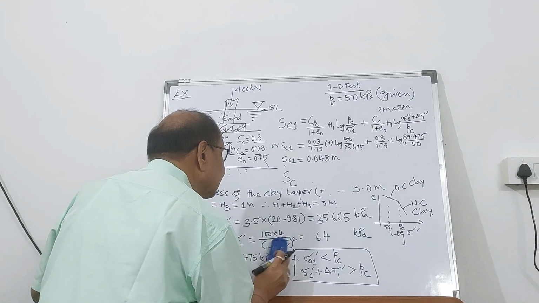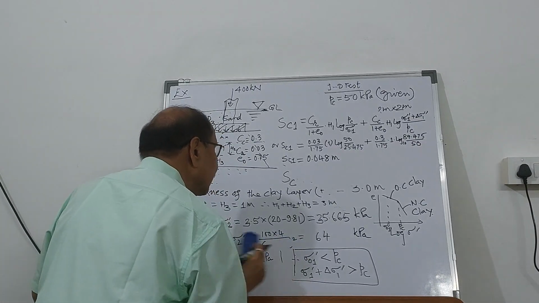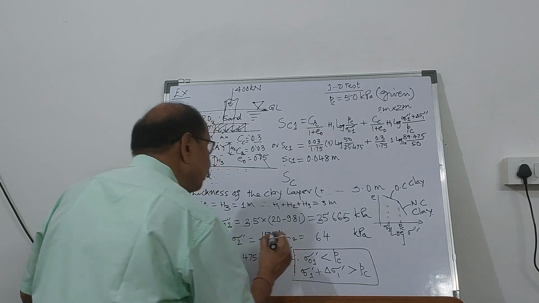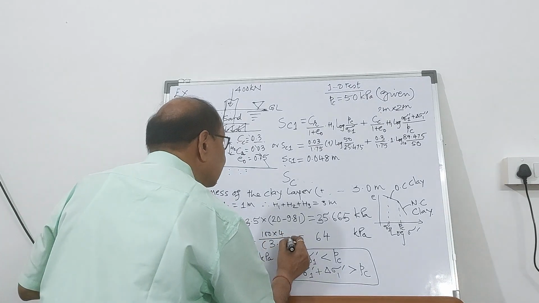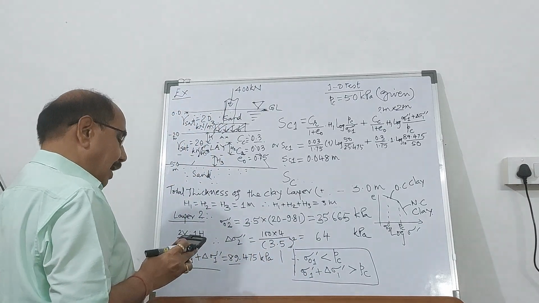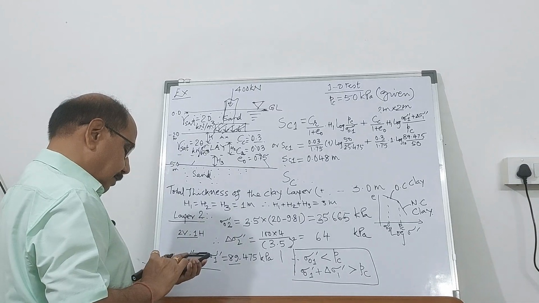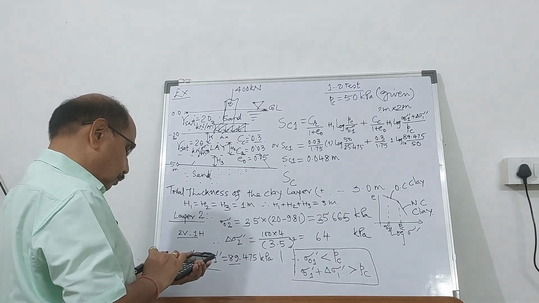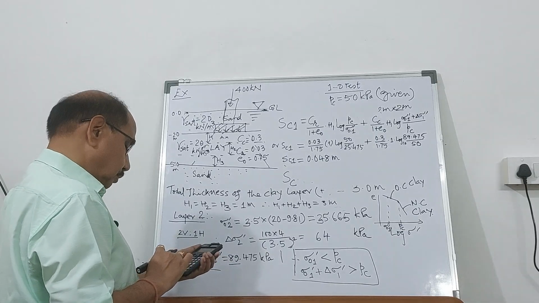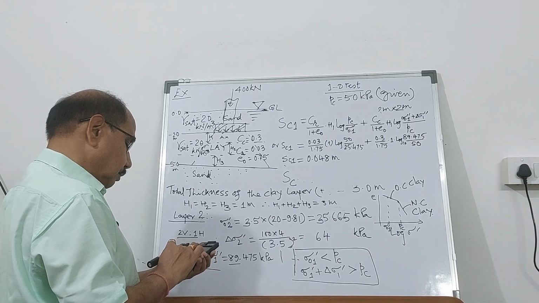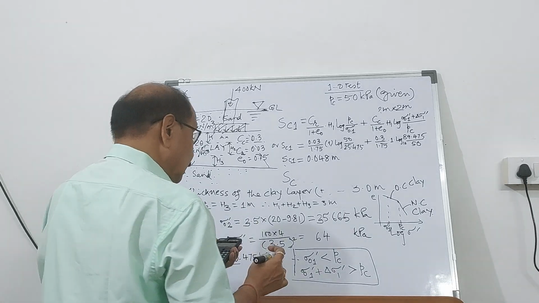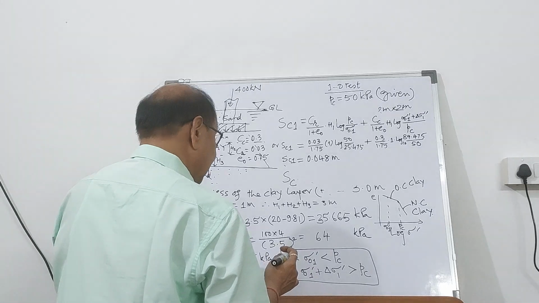So here the midpoint is going to be 3.5 whole square. So 400 divided by that, if you calculate it, this gives you 32.65.